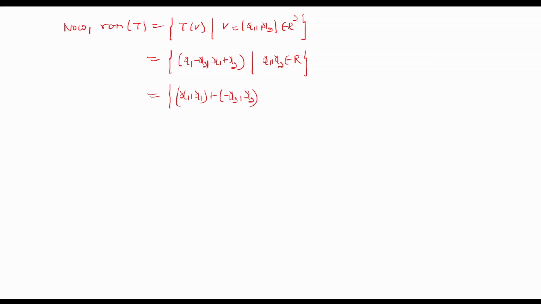Now if you add these two vectors, you will get the previous vector, for all x1, x2 belonging to the real numbers.